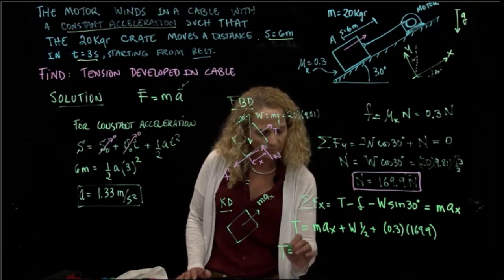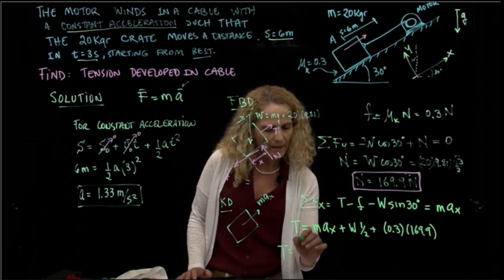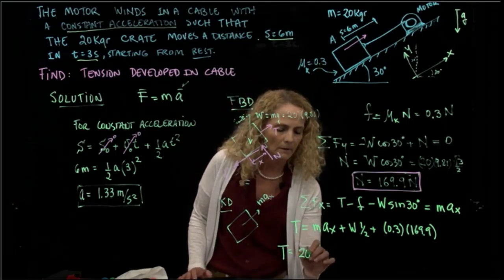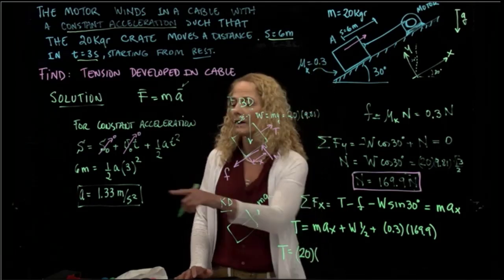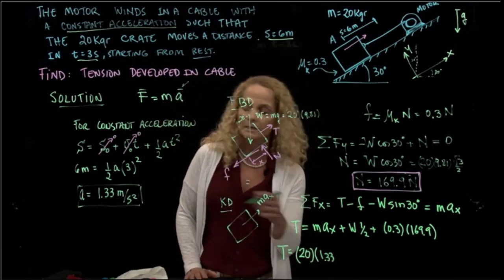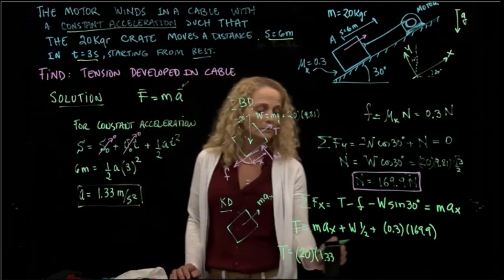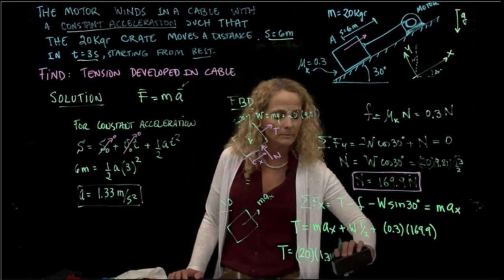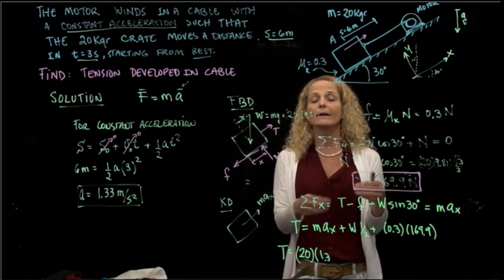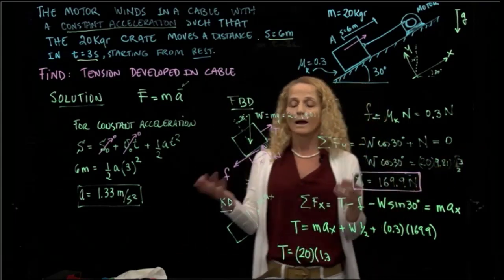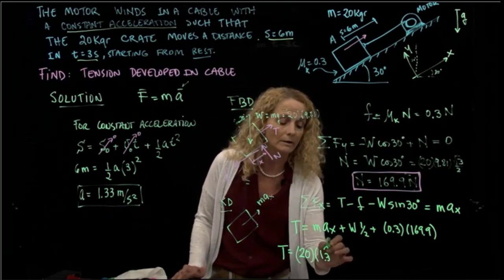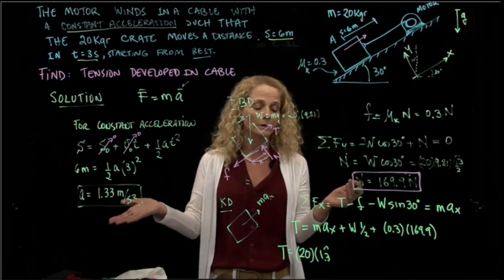The tension then will be equal to the mass, which is 20, times the acceleration that I already found right here, 1.33. Actually, this is a periodic number, so I could write it to be more accurate: 1.333333. It's very important that you don't carry over rounding errors all along. I only write two significant figures, but you can write in your calculator as many significant figures as you want.